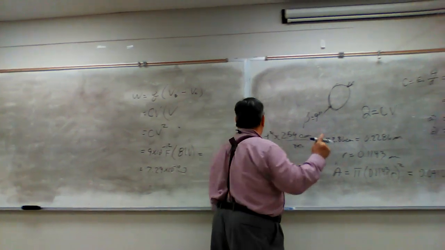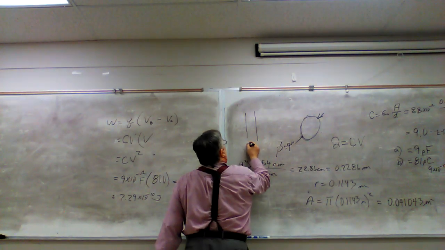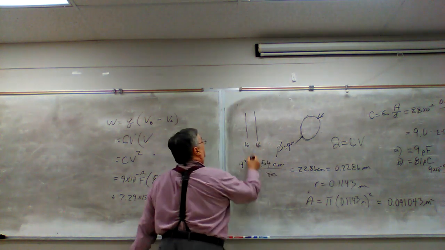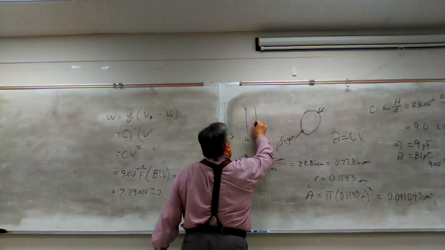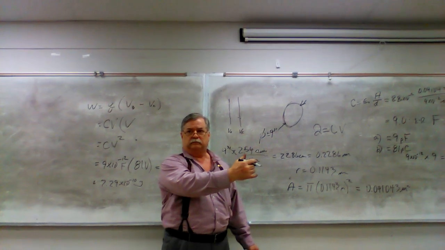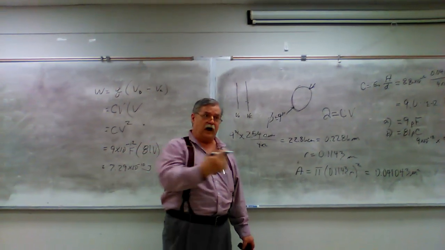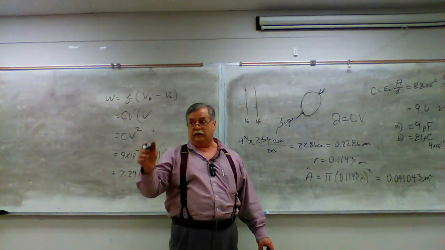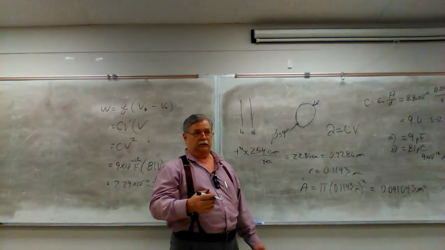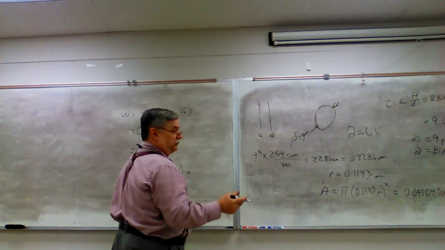Because think about this. Think this through. The work that's being done is you're going from zero to V final. So the closer you get to the V final, the more you're having to work. The voltage, in other words, is not uniform going across. The E field is. The voltage is not. So you have to talk about the work in terms of the average voltage.